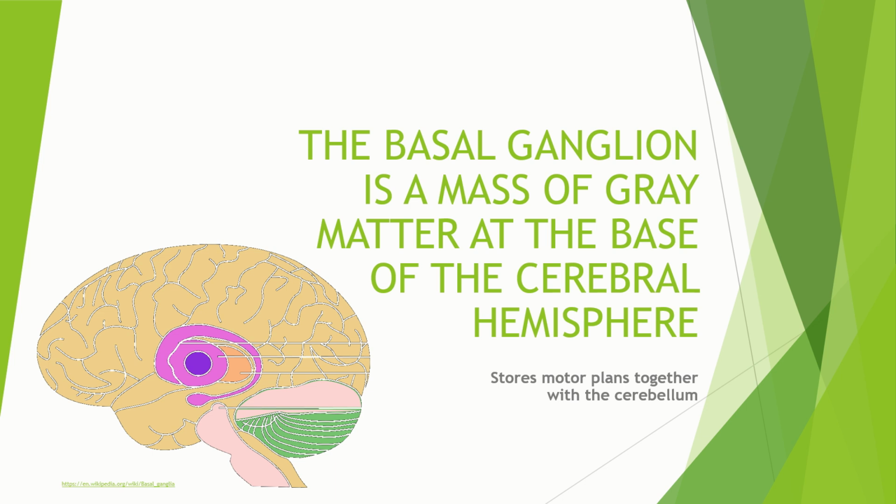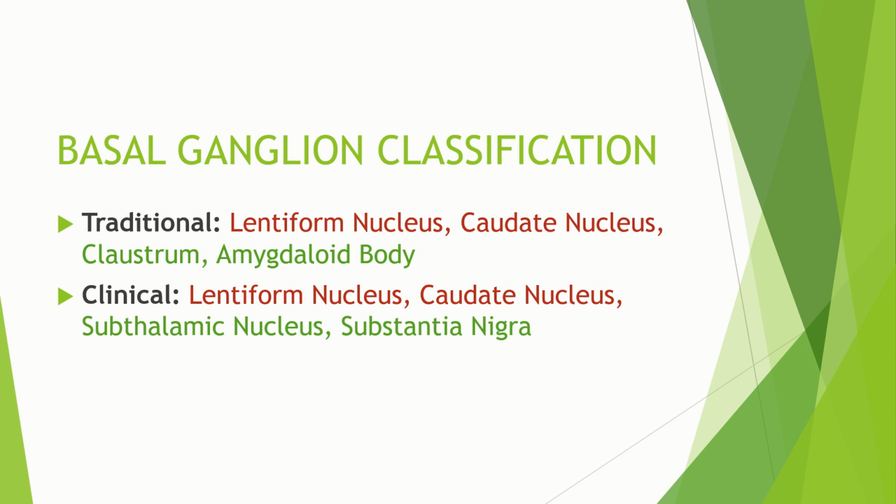In addition to its involvement in the execution of movement, it, alongside the cerebellum, is also involved in the storage of motor plans. The basal ganglion is divided into two classifications, the traditional and the clinical classification.